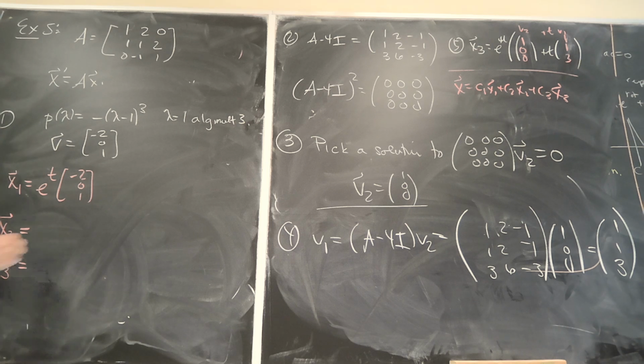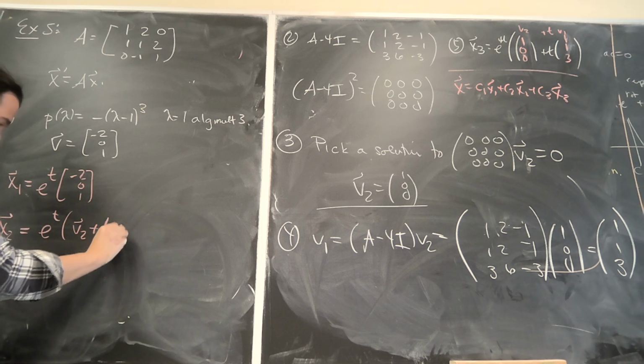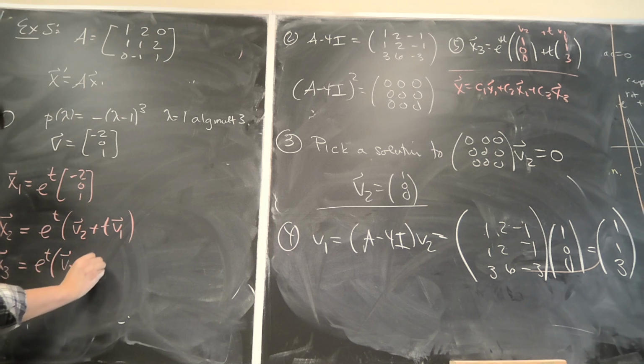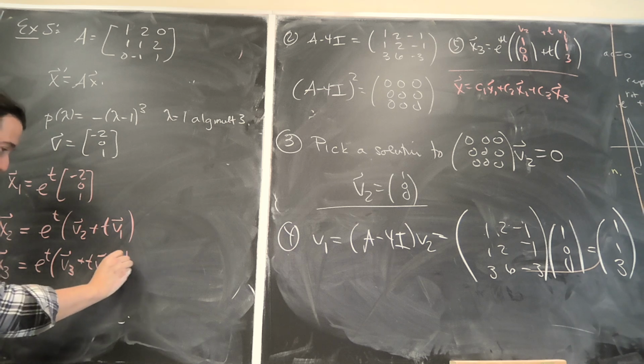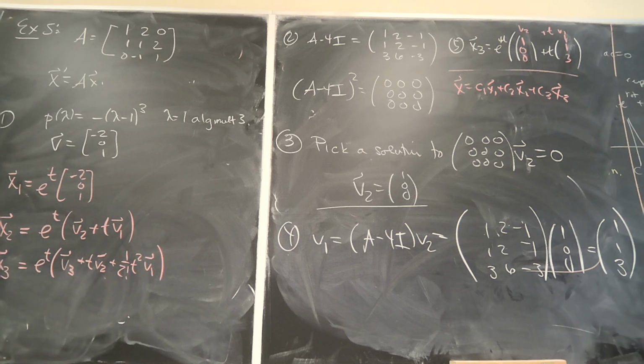So the way that we write this is going to have the form e to the t times (v2 plus t v1). And this is going to have the form, and here I want to think where this might have come from, e to the t times (v3 plus t v2 plus 1 over 2 factorial t squared v1).